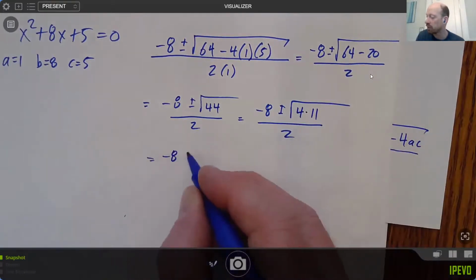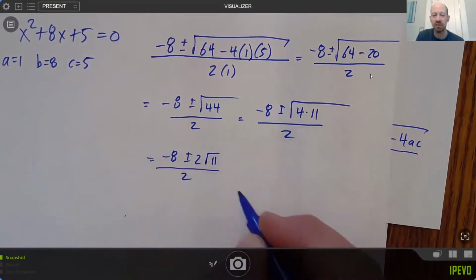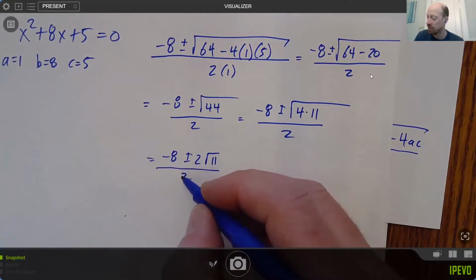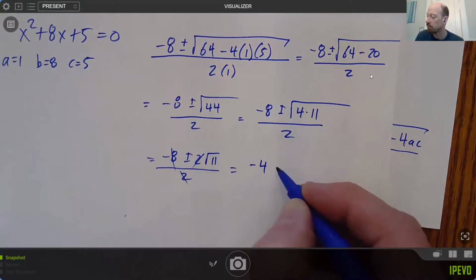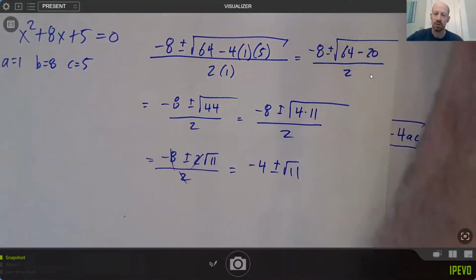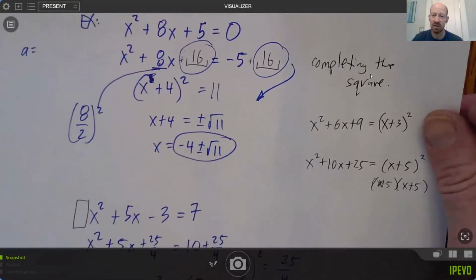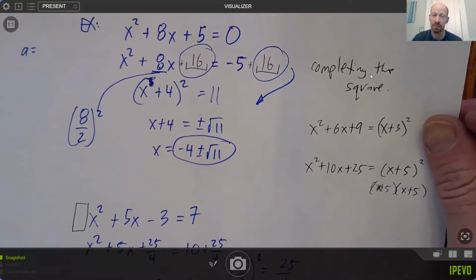Minus 8 plus or minus 2 square roots of 11 divided by 2. So I can divide the 2 into both of these. And I get minus 4 plus or minus the square root of 11. And just for confirmation, when we did completing the square, that's exactly what we got here.